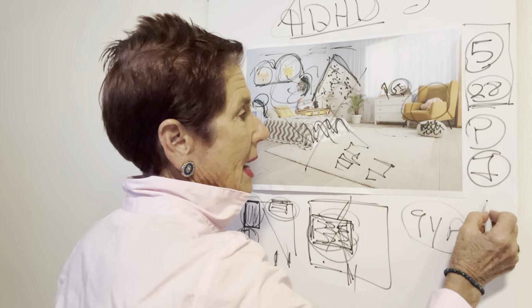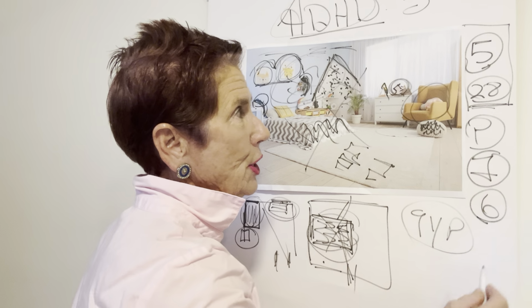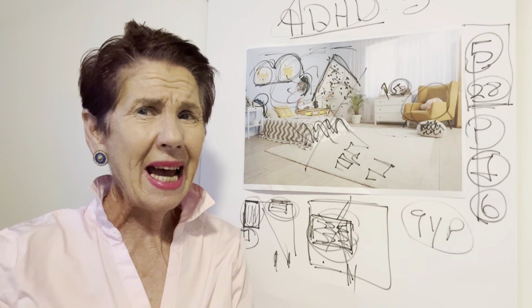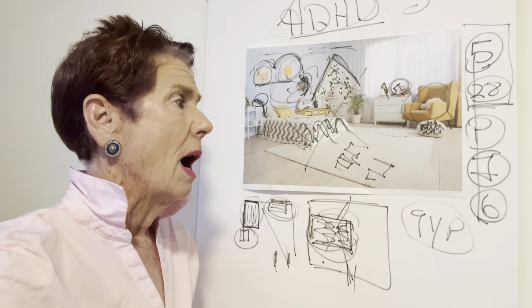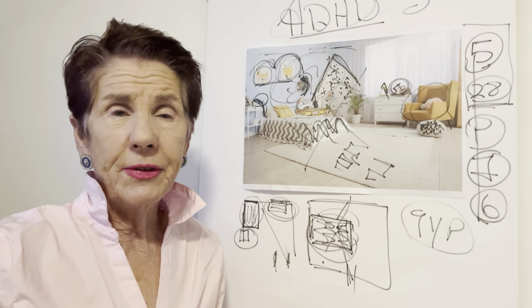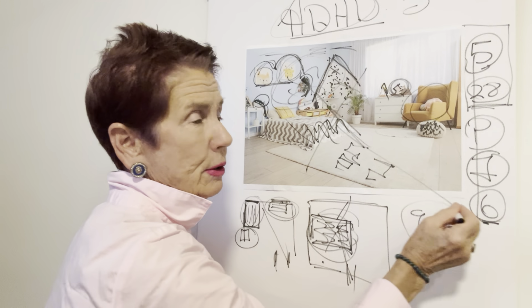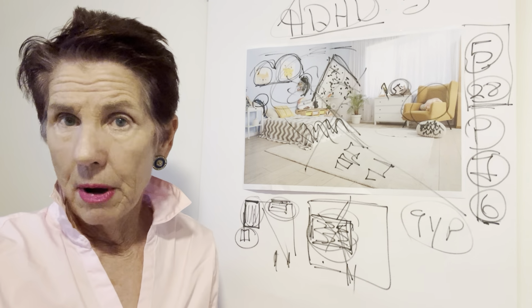So if they happen to have a 6, then I know with the 6 and the 5 that they'll also have panic attacks, anxiety, fear and nervousness, but I also know they're very visual. So a room like this would totally be destroying their mind.